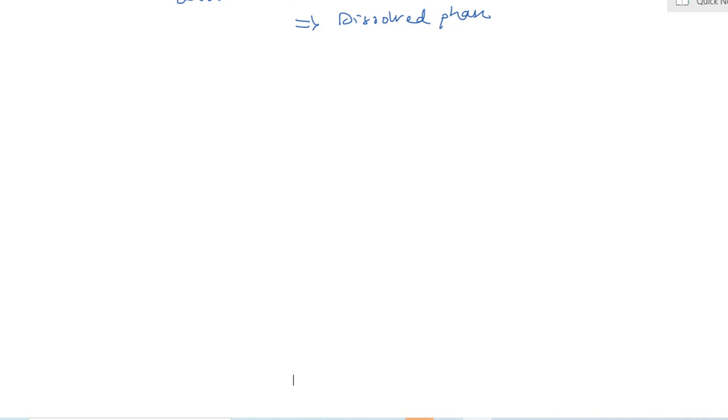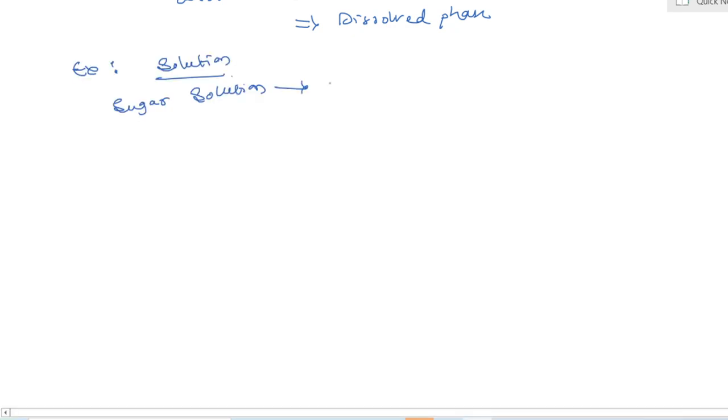Yes, my dear students, here sugar is the solute and water is the solvent. It means a solid particle is dissolving in a solvent and they form a sugar solution. Is it clear? Take another example.